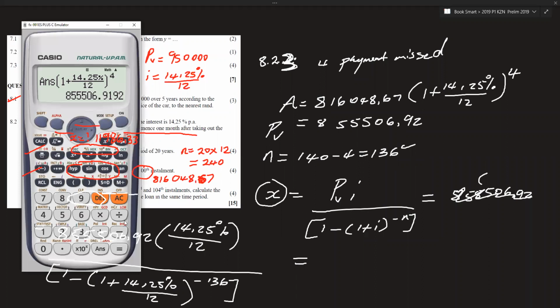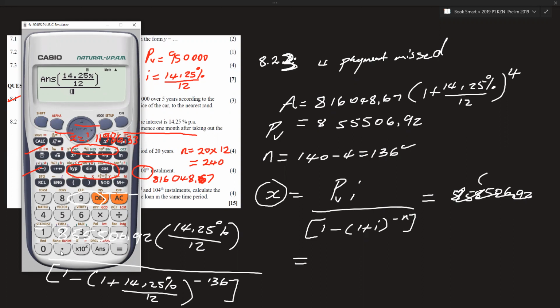Okay, so this is my PV. I'll just keep it there as the answer, multiplied by 14.25 shift percent over 12 in bracket.